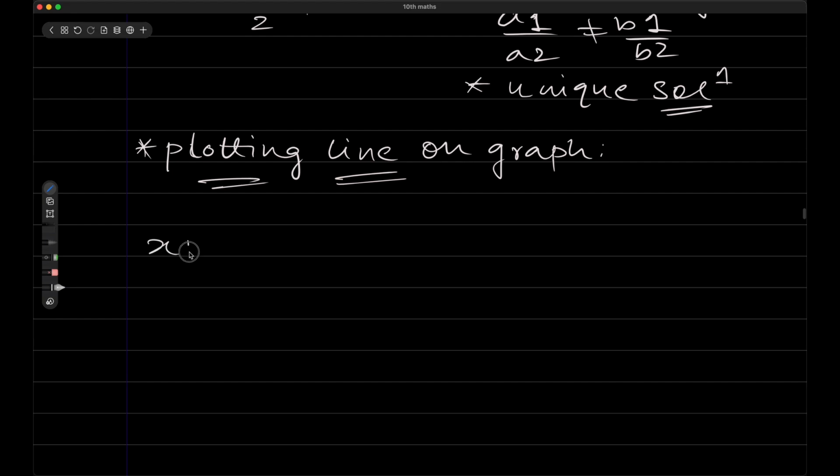First line is x plus 3y minus 6 equals 0, and second line is 2x minus 3y minus 12 equals 0.